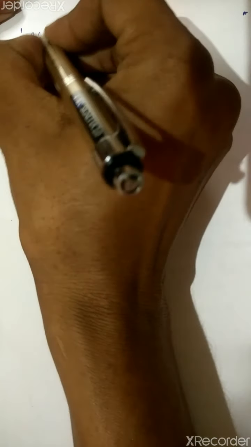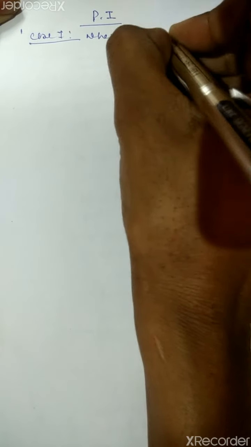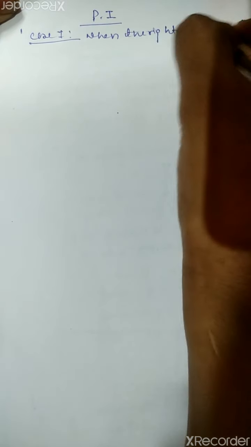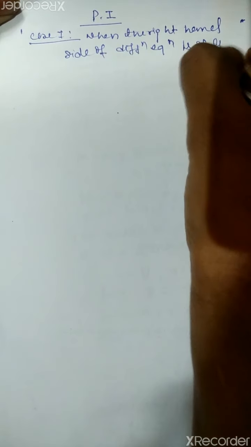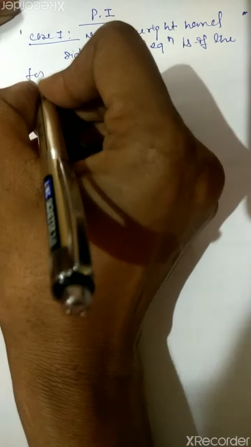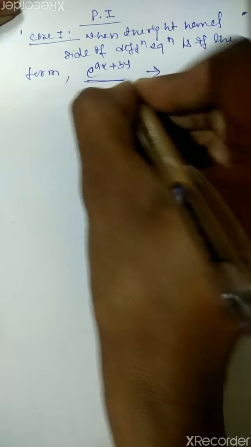Case 1: when the right hand side of the differential equation is of the form e to the power ax plus by.